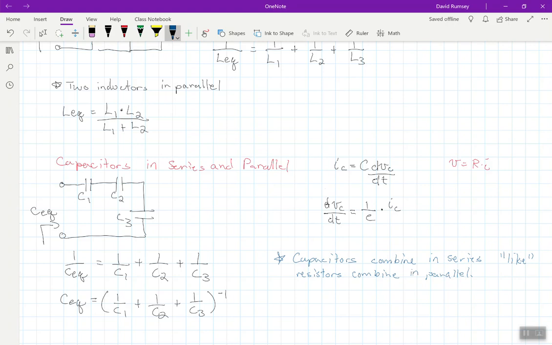So that's an important takeaway here, is that these capacitors, when they're in series, actually combine together using a formula that's similar to what resistors do in parallel. And just like we had here, if we have 2 capacitors in series, we get that C equivalent, we could use the shorthand formula of C1 times C2 over C1 plus C2.